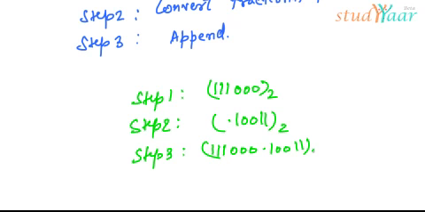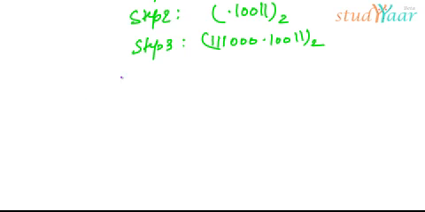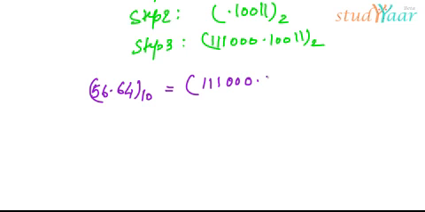So this is the equivalent number that we are talking about: 56.64 in decimal is equal to 111000.10011 in binary.